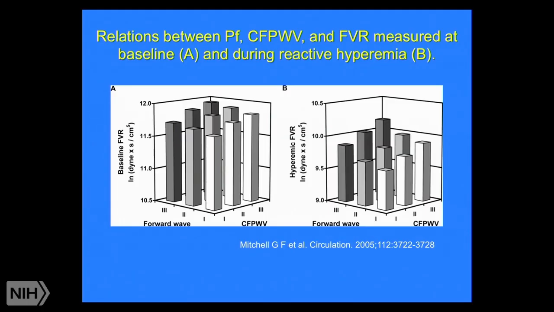These are measures of stiffness of the aorta, and both basal and hyperemic forearm vascular resistance, suggesting indeed that there is crosstalk between large and small vessels, and that when small vessels are remodeled through reflection, they contribute to increased systolic blood pressure and stiffening of the aorta.